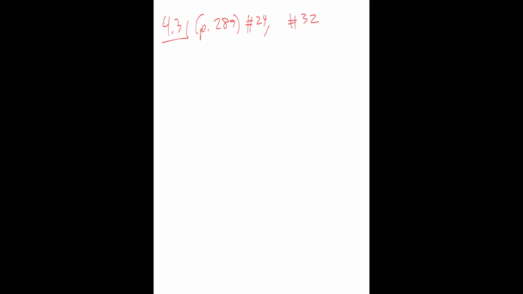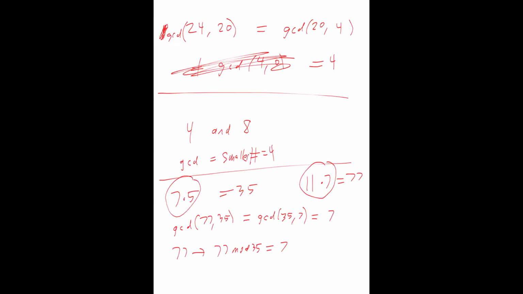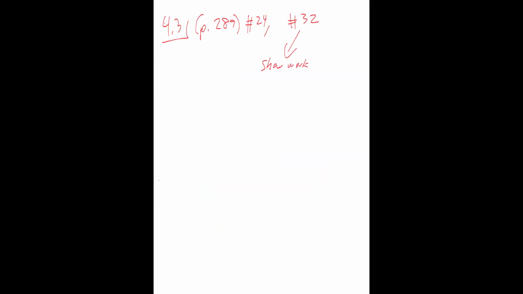So on 32, you only have to actually show your work on some parts. Show your work like what we did a few seconds ago. Remember when I was showing those equations and things like that?